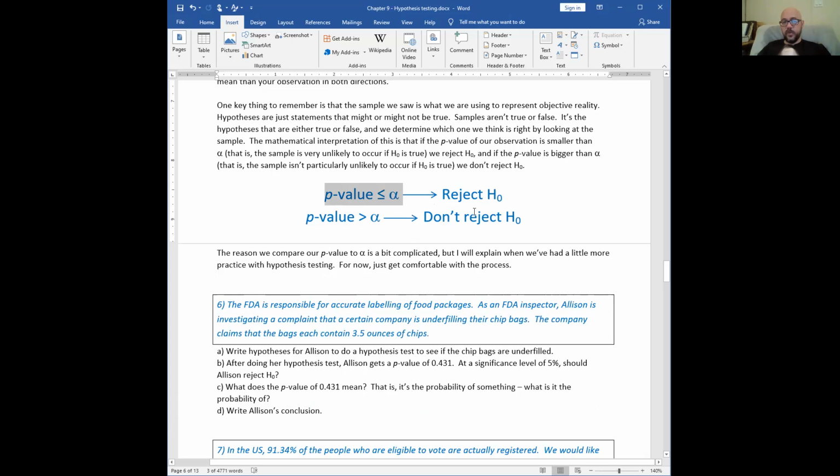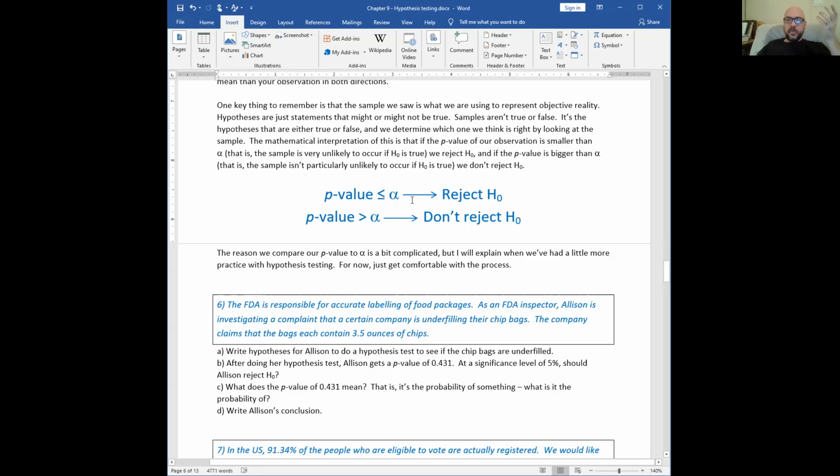If the p-value is bigger than alpha, we don't reject the null hypothesis. The fact that there's an equal sign in this makes, in practical terms, absolutely no difference whatsoever. You're never going to get a p-value that's actually equal to alpha. I suppose it's theoretically possible you could, in which case you reject the null hypothesis, but it's never going to happen.